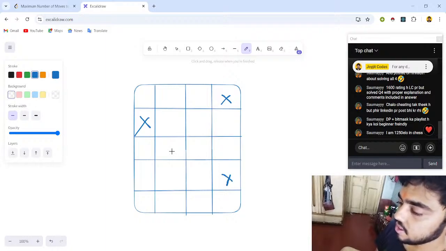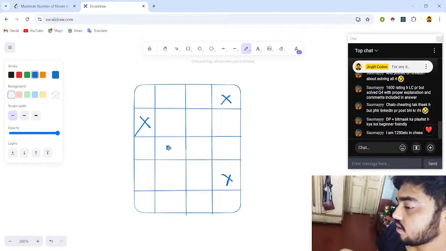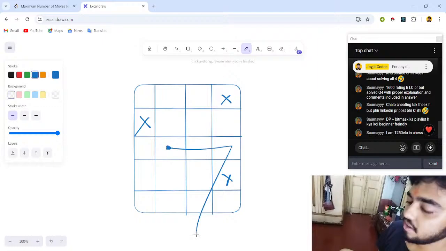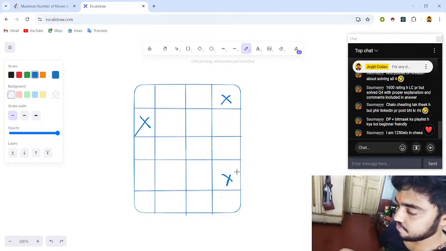Now let's say we have a knight over here. If you want to go to a position like this x, the best approach will be this directly. Okay, you can go directly to this position, right? That's the best approach.